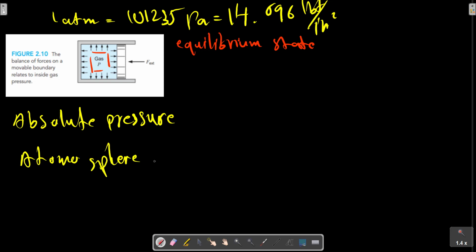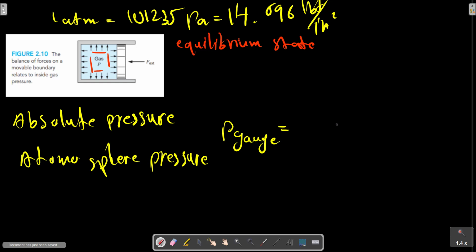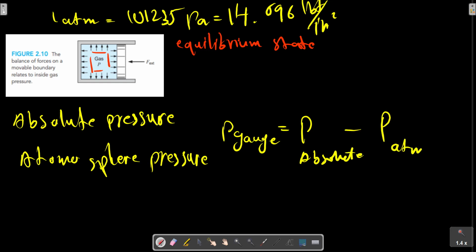Atmosphere pressure, so the P gauge equals the P absolute minus the pressure of atmosphere, which will be P atm.